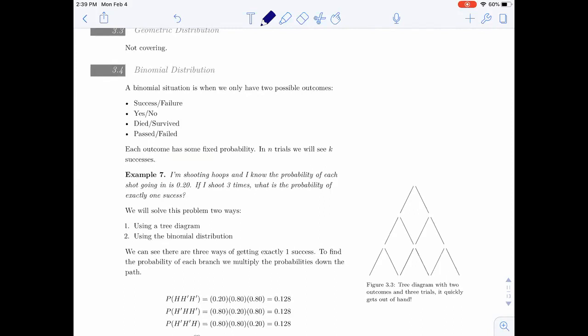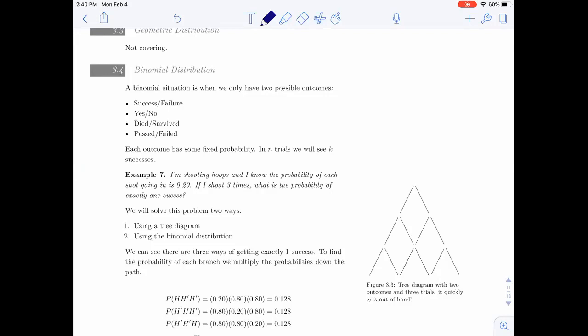So they're just going to be a way to handle a situation where a tree diagram would get out of control. And so a binomial situation is when there are only 2 outcomes, or a situation where you can boil it down to 2 outcomes. Think about, you get letter grades in a class.